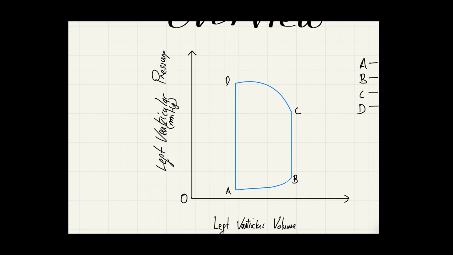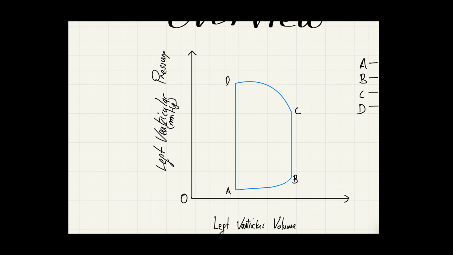So I've labelled it, we've got to get some sensible sounding numbers on here. If you recall sensible pressures that occur in the left ventricle and sensible volumes, we know it gets almost all the way down to zero pressure at some point in the cycle, and we know that there's an event where it reaches maximal systolic pressure and maximal diastolic pressure.